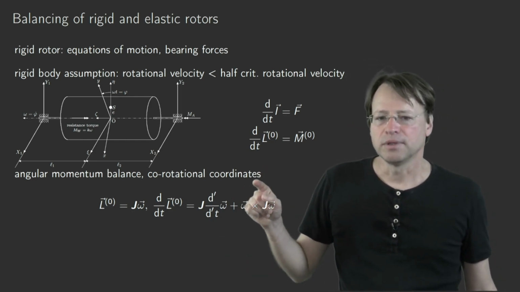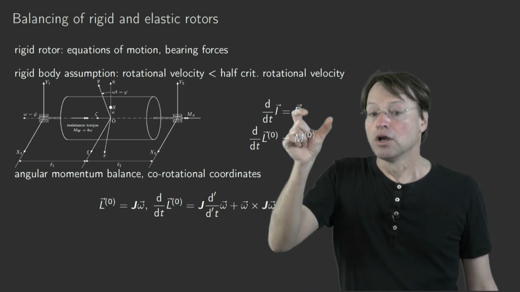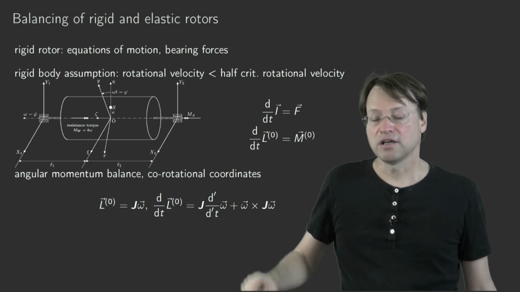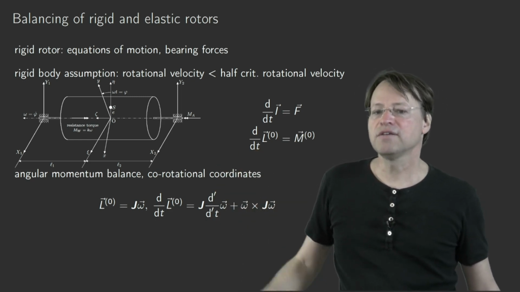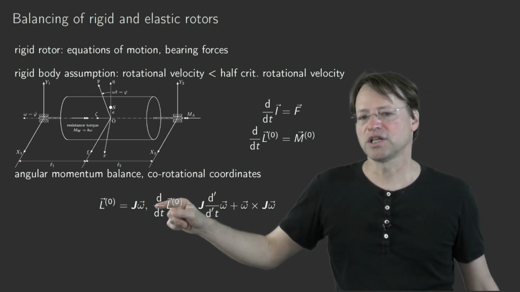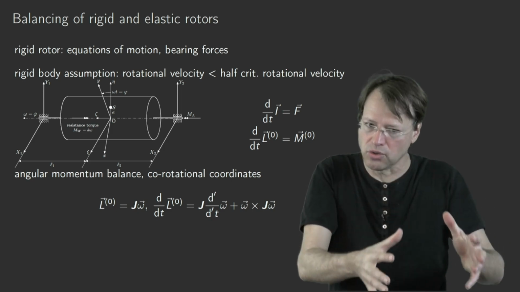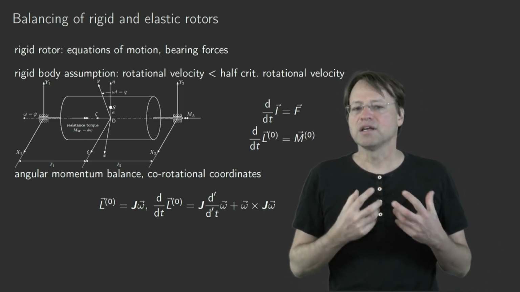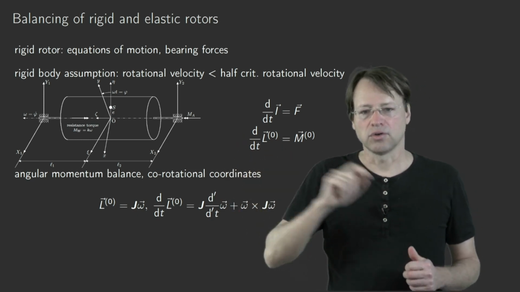From omega, we take the derivative, indicated here by the prime, of the coefficients of that omega vector represented in the co-rotational coordinates. And finally, from that vector representation, J omega, of the angular momentum balance in co-rotational coordinates, we have to take into account the time dependence of the co-rotational coordinates.